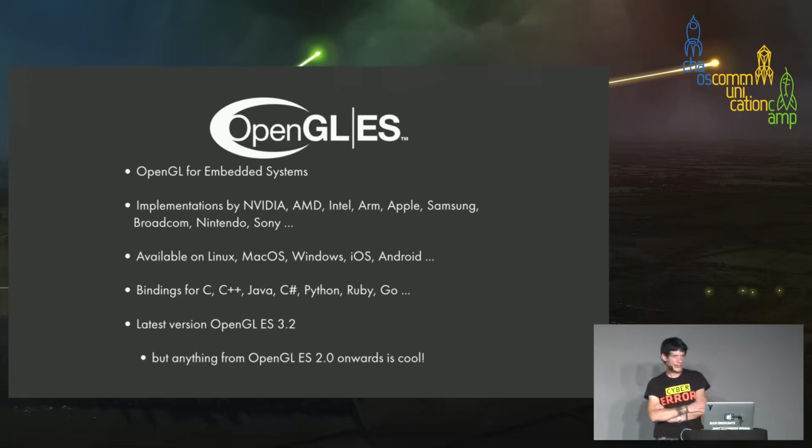OpenGL ES is OpenGL for embedded systems. It's a more current standard. There are implementations by all major manufacturers, NVIDIA and AMD, the most important ones building these GPUs. OpenGL ES is available on all major operating systems and platforms, so you get it on Linux, Mac, Windows, and more. And there are bindings for pretty much all the major programming languages: C, C++, Java, even Python and Ruby.